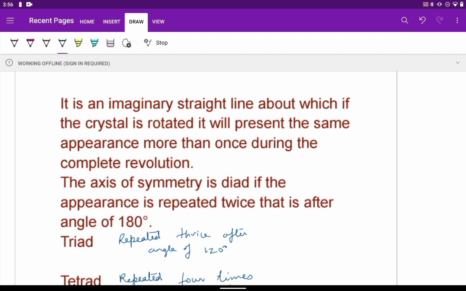If we take the crystal and start rotating, and after every 120 degree angle we get a similar appearance, meaning 3 times we get the similar appearance, then the axis of symmetry is triad.